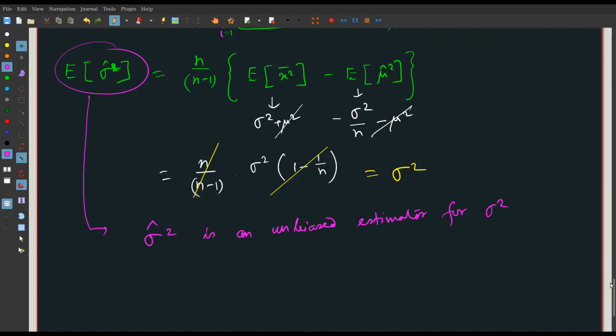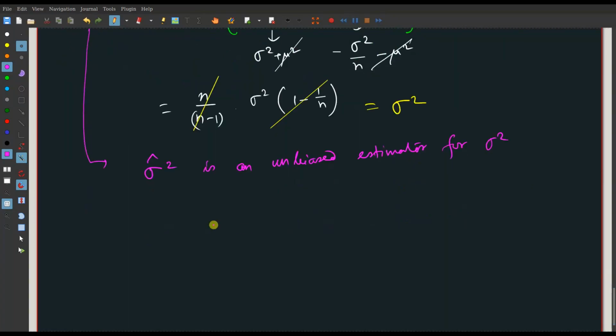So suppose you actually have some, let me call it sigma prime hat square. That was 1 over n times the summation over i of x_i minus mu hat whole square. So this is the definition you might be used to, right? You would be tempted to define it so. So this is n minus 1 over n times sigma hat square.